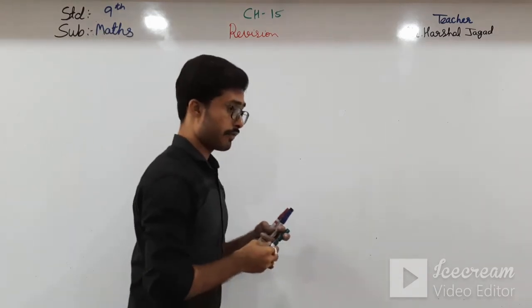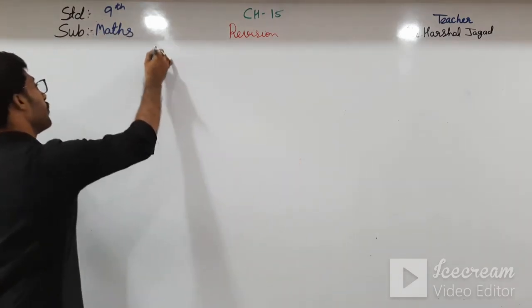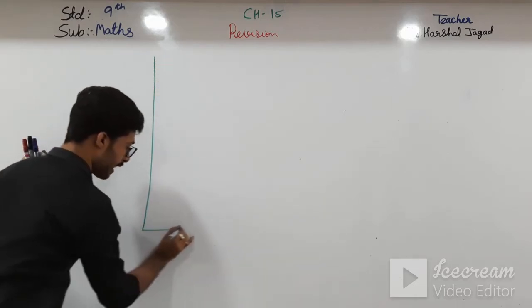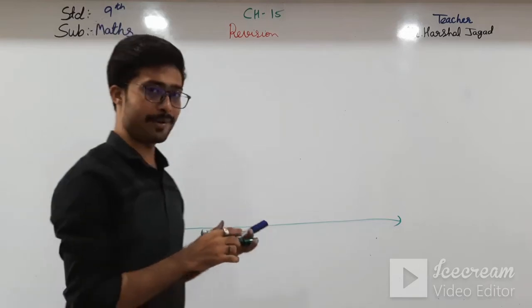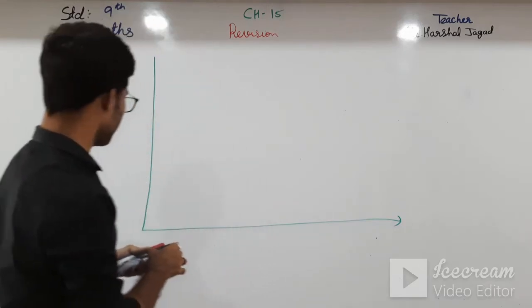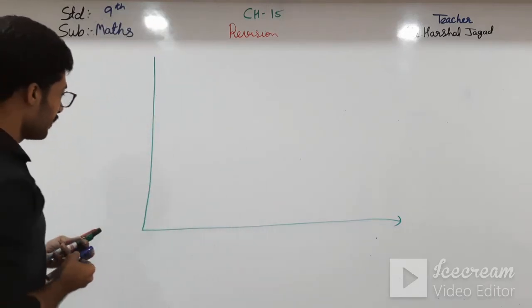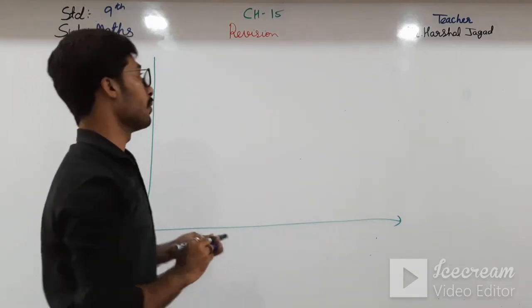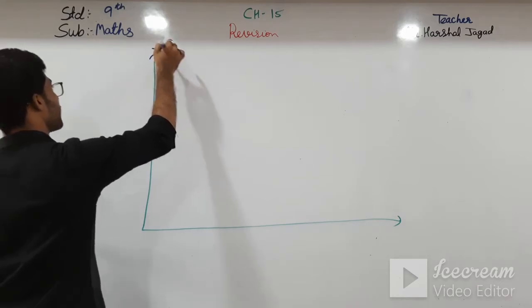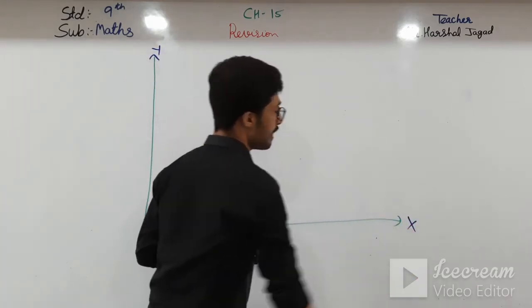So, if I take a graph over here, this is the graph. Students, you have to just imagine, I am doing it on the board, I don't have a scale. Yes, this is the graph and I have just drawn the axes. This is the y axis and this is the x axis.